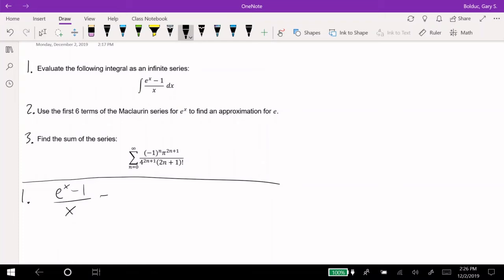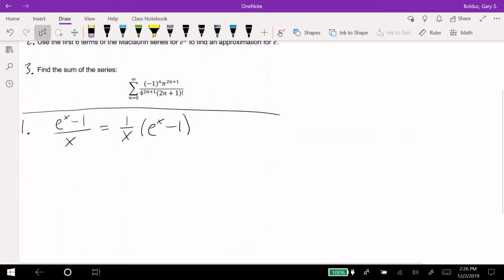So first thing when I see something like 1 over x is I'm just going to peel that off and deal with the inside first. Because remember, this 1 over x, I can just take that out, I can put it back into the series after, and all that will do is have an effect on the power of the x inside the series itself.